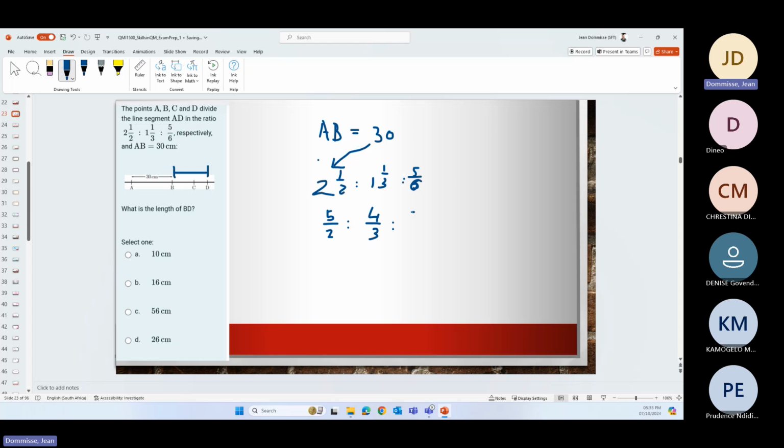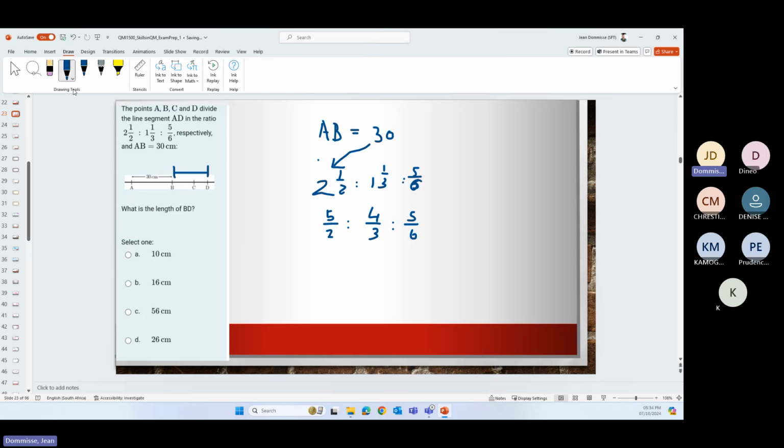And then we have 5/6. Okay, so now I would want everything to be in the form that it is divided or on the fraction of 6, so that we can compare. So I would want everything on 6.